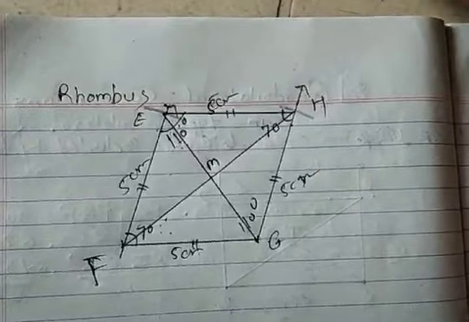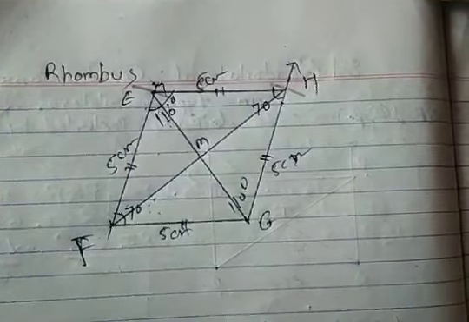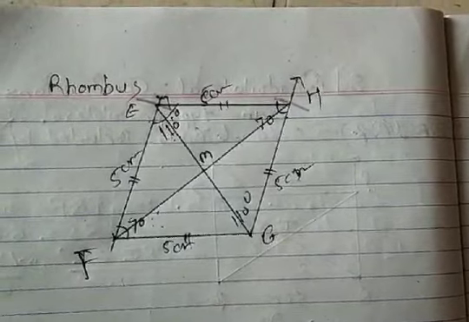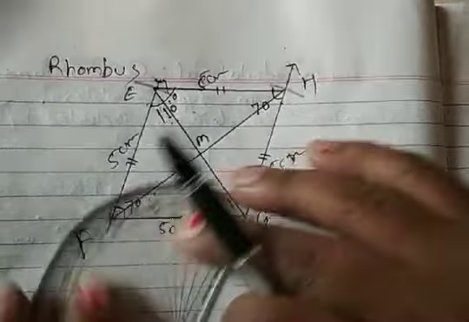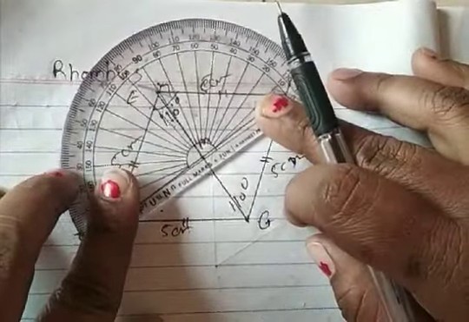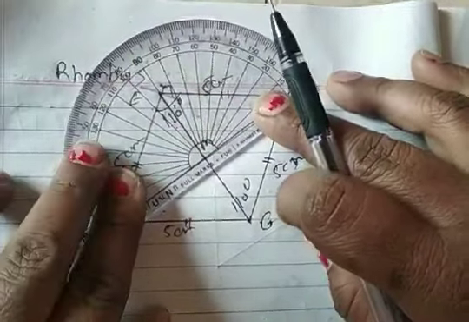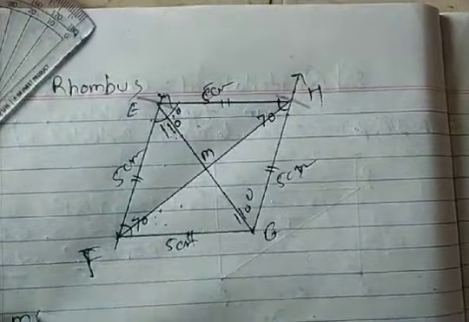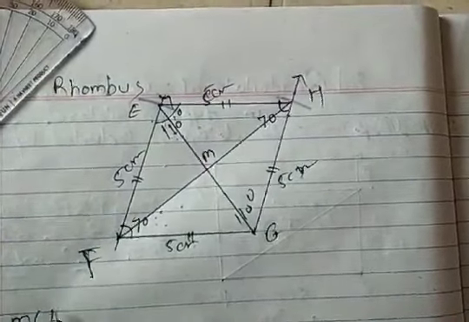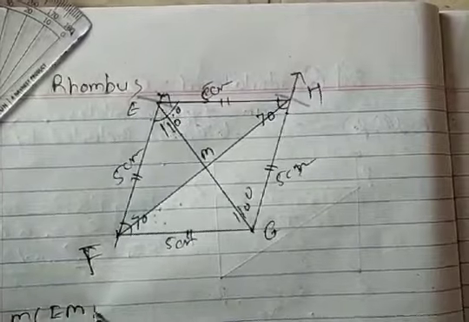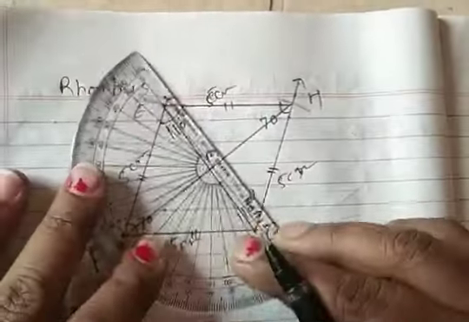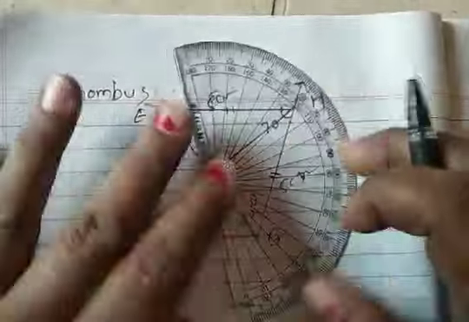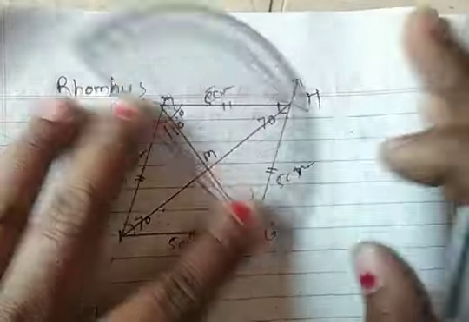Now we have to measure the angles at M. If you see here, this is 90 degrees, meaning the measure of angle EMH is 90 degrees. If you see here, 90, 90, and here also 90 degrees.